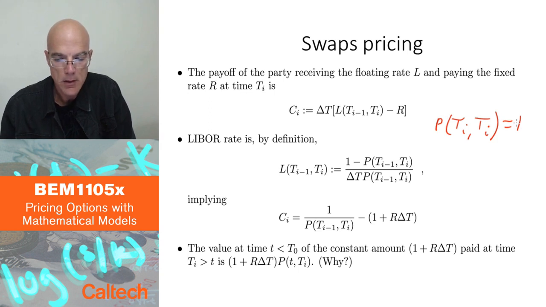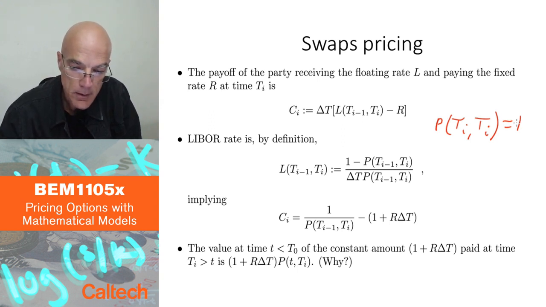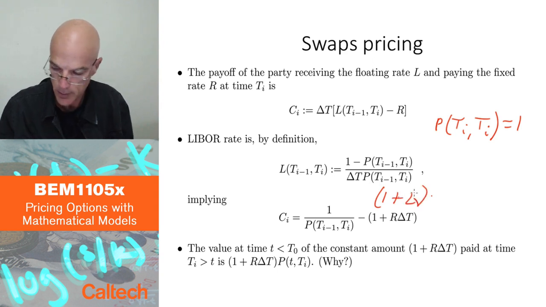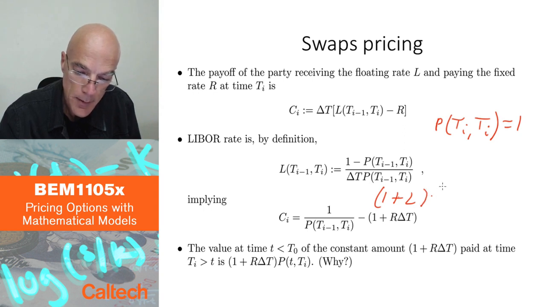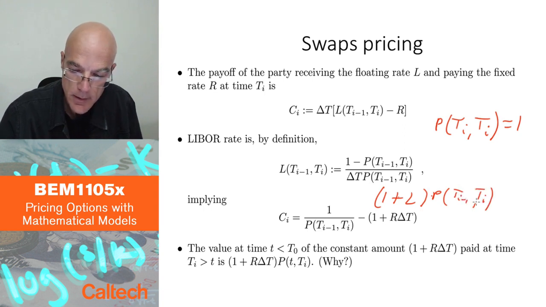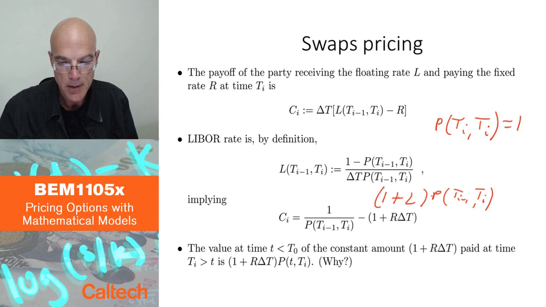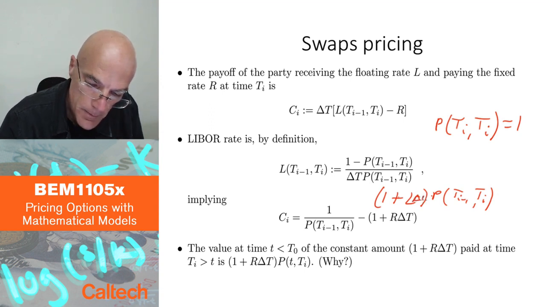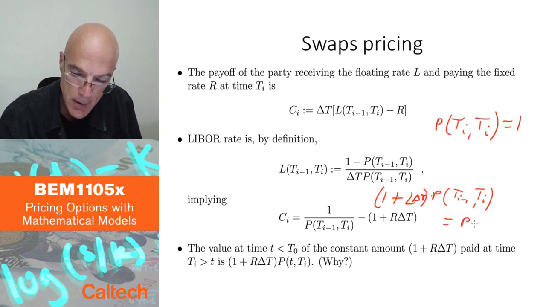And why is the definition like this? Well, if you just multiply and rearrange, if I move things around, it will mean that 1 plus L times delta t, times P of ti minus 1, ti, is equal to 1.